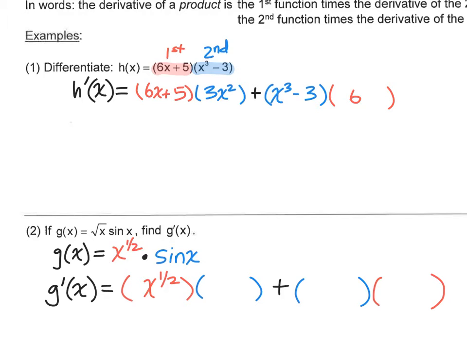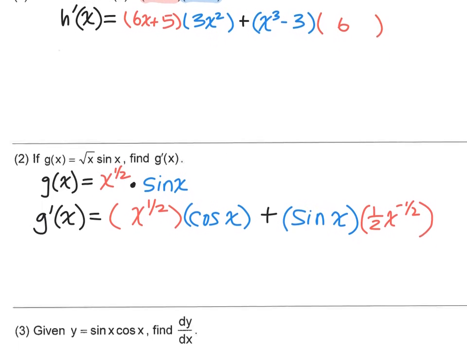Derivative of my second function, cosine of x. Second function as is, sine of x, multiplied by the derivative of the first function, which is what? Exactly. 1/2 x to the negative 1/2.